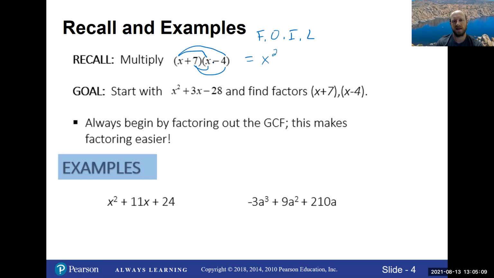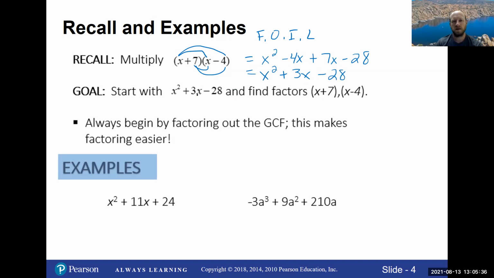Outside terms, x times -4, keep the negative. 7 times x is 7x, and then 7 times -4 is -28. And then I can combine these 2 terms because they're like terms. They both have an x, and -4x plus 7x is 3x, and that would be foiling it.